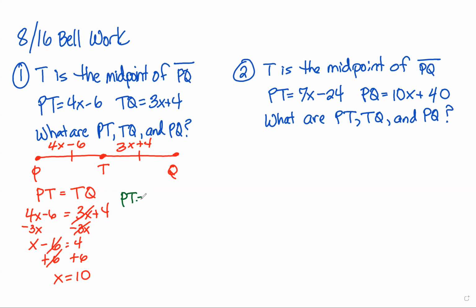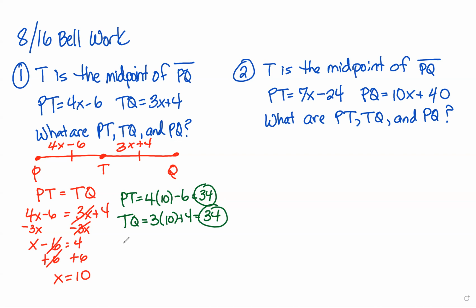Starting with P to T is 4x minus 6, so that would be 4 times 10 minus 6. 40 minus 6 is 34. Okay, then TQ, it should also equal 34, but I'm going to use the 3x plus 4, so that's 3 times 10 plus 4. This is a way of just verifying. Yep, 3 times 10 is 30, plus 4 is 34.